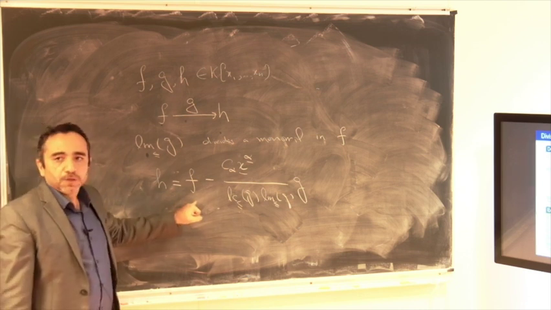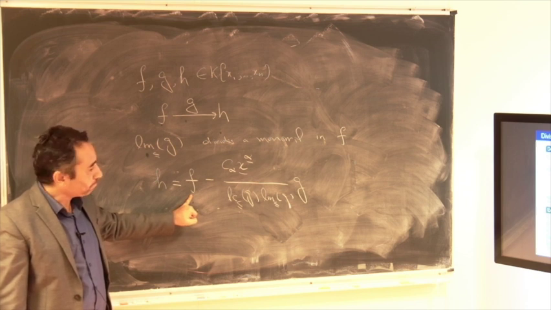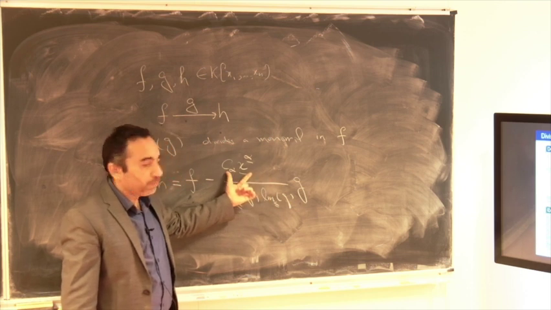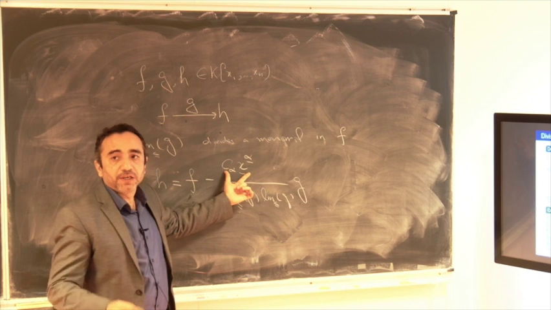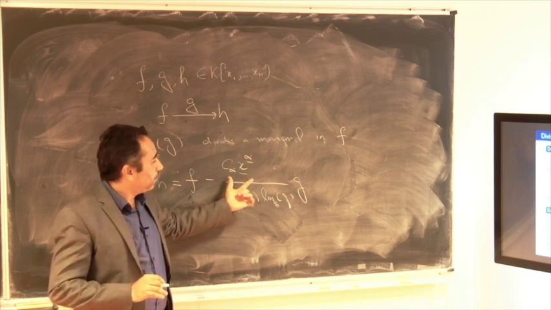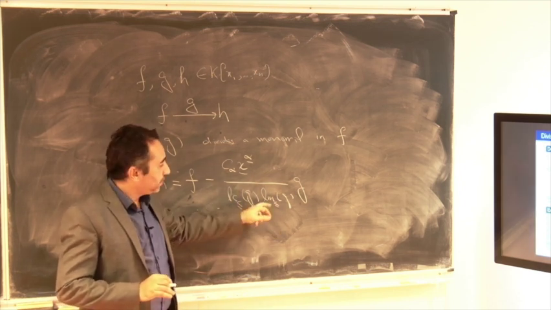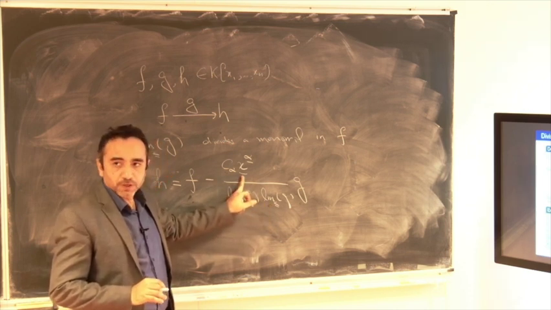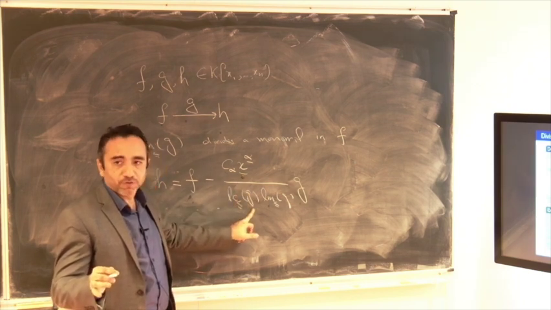Let me explain this one thing at a time. There is f. We multiply g by that monomial which is divisible by the leading monomial of g, and we divide by the leading coefficient of g times the leading monomial of g. Since the leading monomial of g divides this monomial, we will not get any fractions in the form of monomials. Yes, there is the leading coefficient.